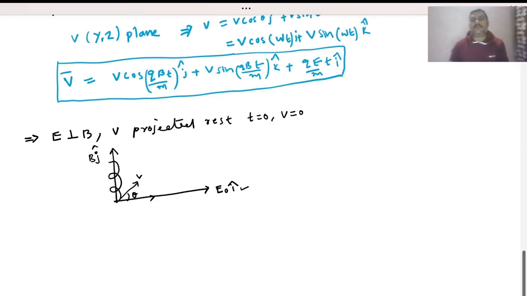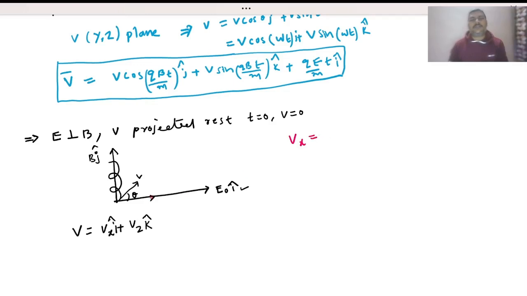For example, I projected the particle in the plane, so the velocity has only an x component and a z component: Vx I cap plus Vz K cap. Vx I cap means along the x axis. So there are two forces.